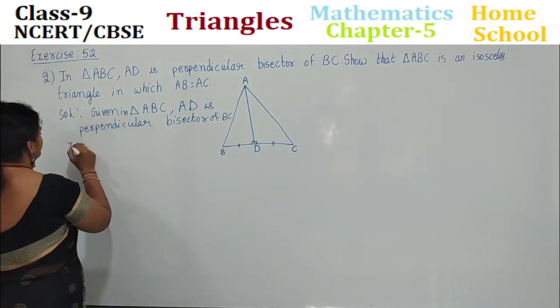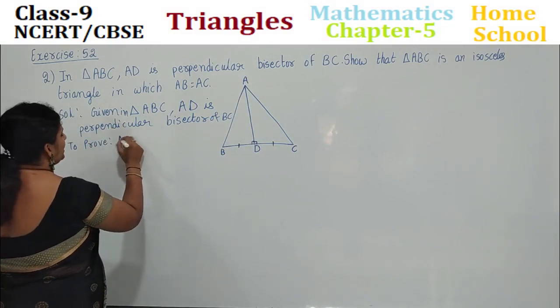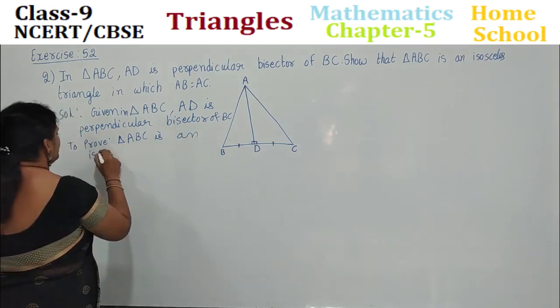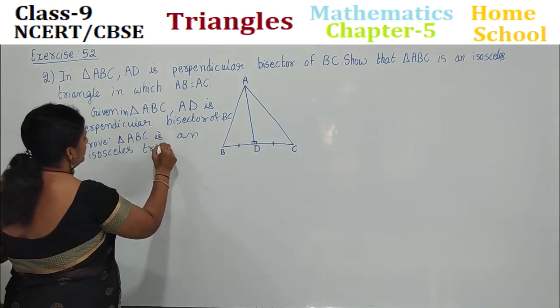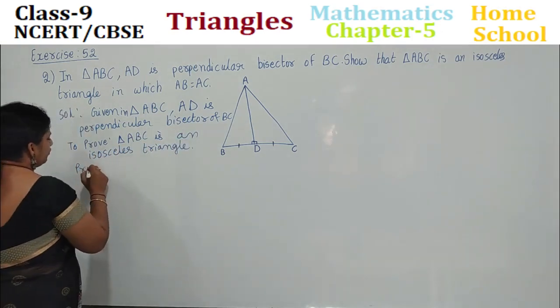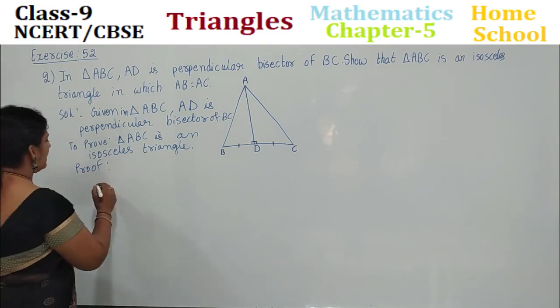Show that. To prove. What to prove, children? Triangle ABC is an isosceles triangle. You need to prove that. Right? Let's start our proof. How can we start here, children?